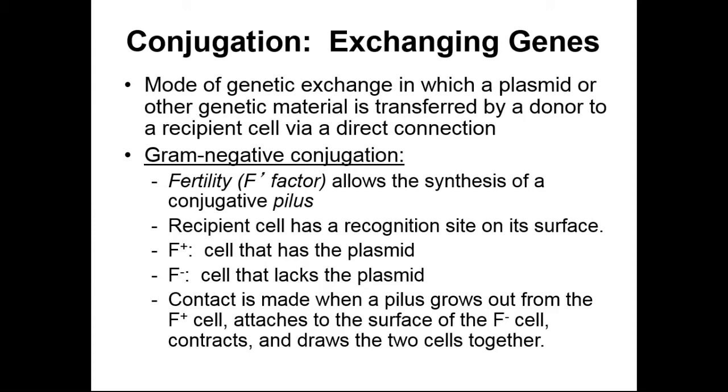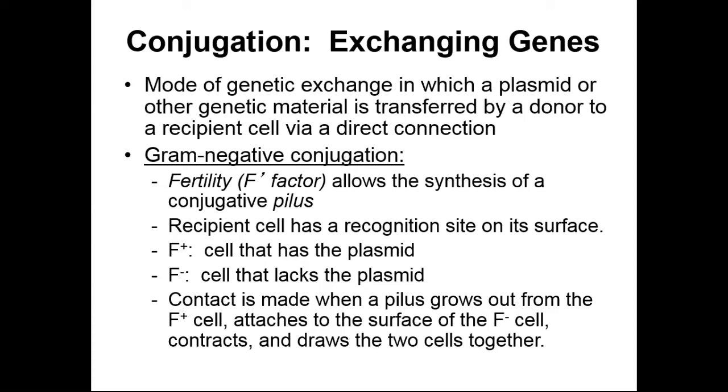I digress. So, the cell that has that fertility factor is F positive. It has the plasmid that allows the gram-negative bacterium to make the conjugative, or sex, pilus. If the cell is F minus, it doesn't have that plasmid, so it does not have the ability to make the conjugative pilus until it receives the plasmid, and then it can start making the pilus. So, let's say we have an F-positive cell.